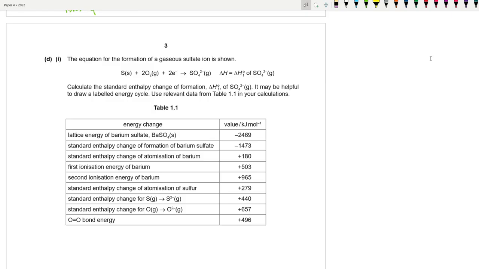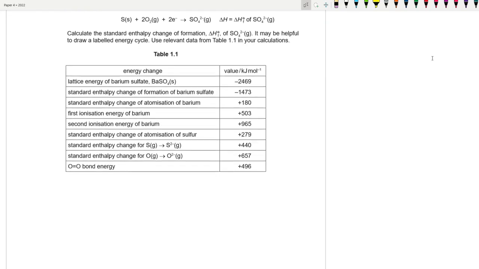The equation for the formation of a gaseous sulfate ion is shown. All right. So to make barium sulfate, we need barium, sulfur, and oxygen. Okay. Let's do this. So we are starting with barium solid. We are starting with sulfur solid.